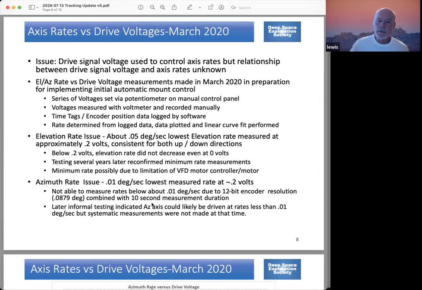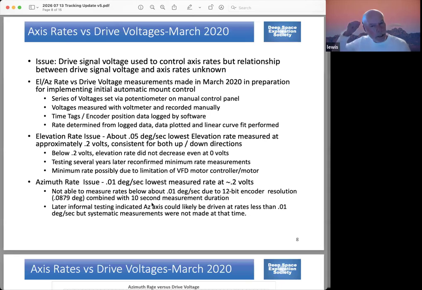And the way we initially did that is we used the manual control panel, because we didn't have any other method at that time anyway, to set a voltage and then use a voltmeter to measure the voltage it was set to.